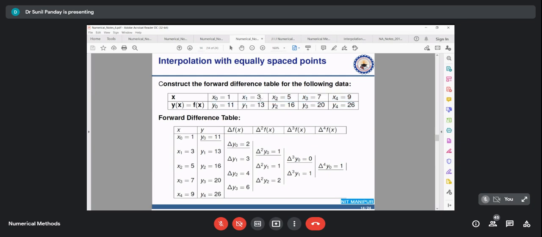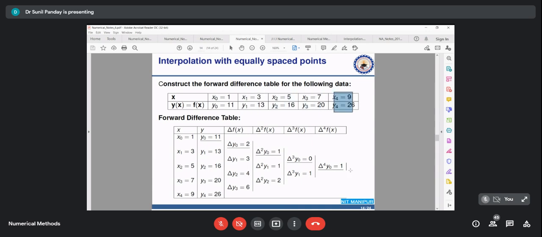Like from x1, if you subtract two consecutive values, 3 minus 1 you will get 2, 5 minus 3 you will get 2, and 9 minus 7 you will get 2. So this data is equally spaced because its x variable has the common difference h between any two consecutive values, and the corresponding y data is also with us.